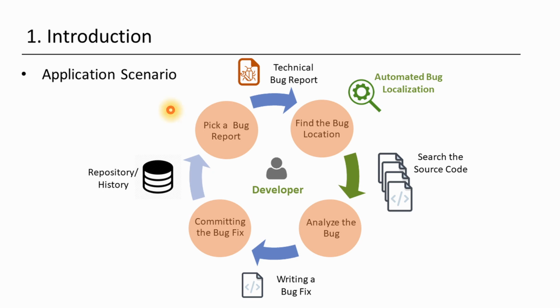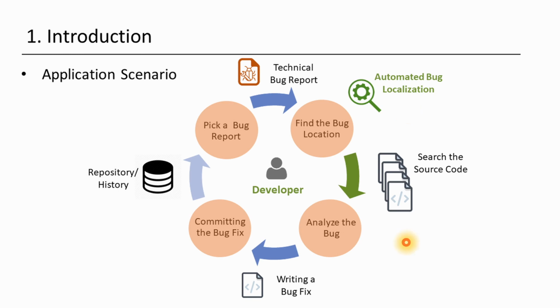First, after identifying a new bug, a reporter writes a bug report. Second, to find the location of the bug, a developer has to search the source codes. In this part, there is a need for an automated bug localization tool which helps the developers to proceed with their work more conveniently and also to save time and effort.